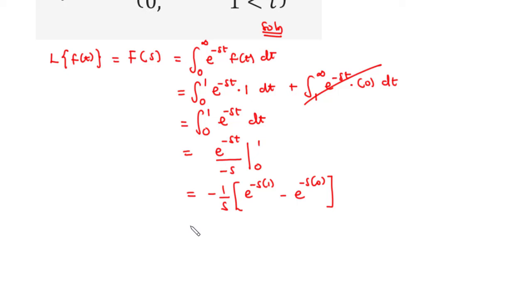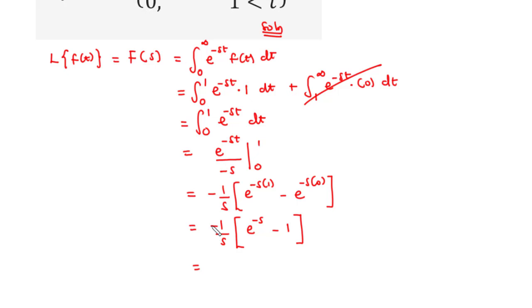Now this is equal to negative 1 over s times e to the power negative s minus, now this goes to 0, e to the power 0 is 1, so we have that here, and then we are going to multiply negative 1 across.